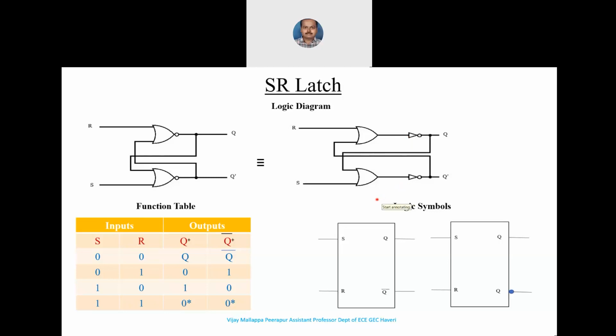And the behavior of this SR latch is given by the function table we have. What it says is, if you look at the function table, when S is 0 and R is 0, the output is equal to Q and Q bar here. Everyone should give attention here.